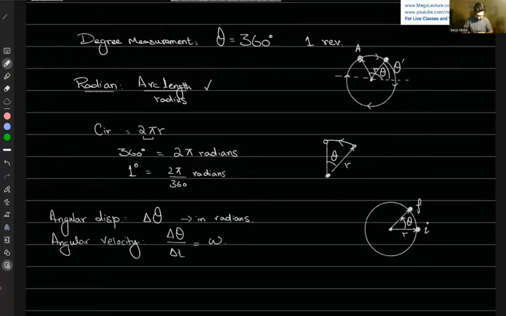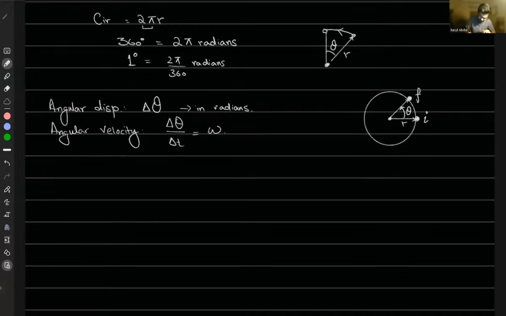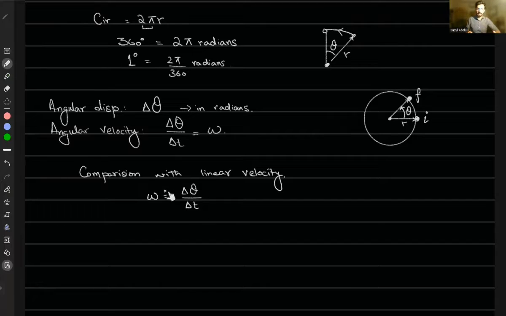Now, moreover, because we have this angular velocity, we can do a comparison with linear velocity, right? So the comparison with the linear velocity is done by coming back to this definition of angular velocity, which is delta theta by delta t is equal to the angular velocity, right?